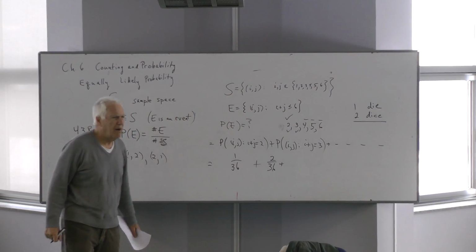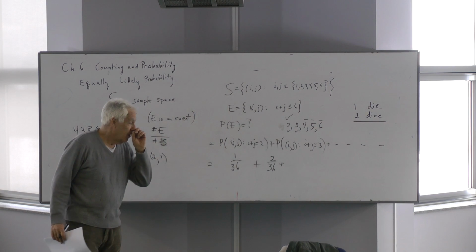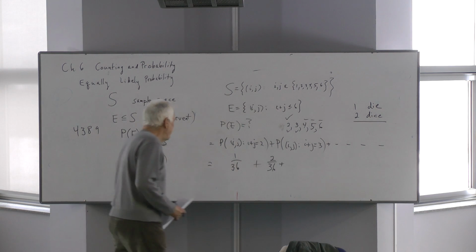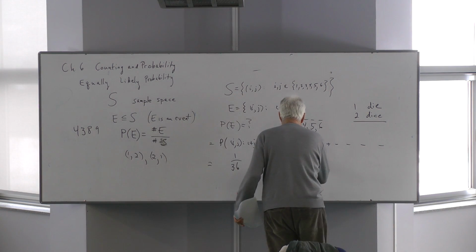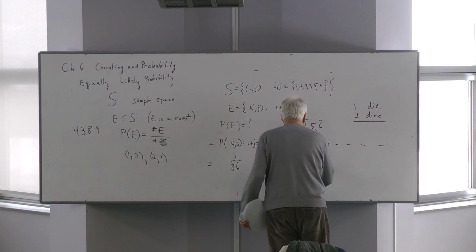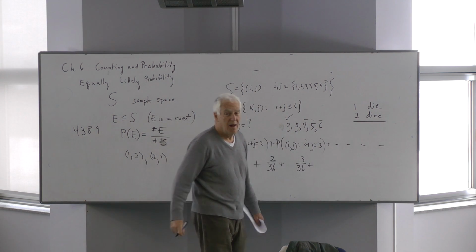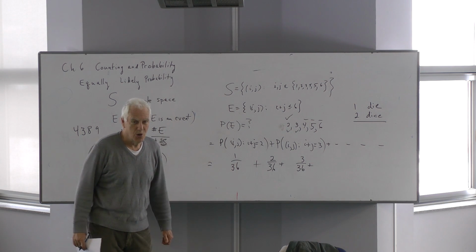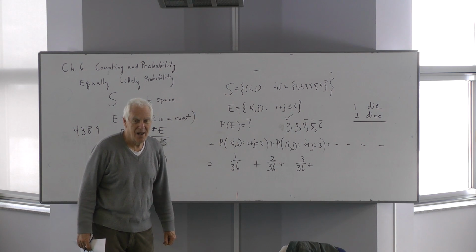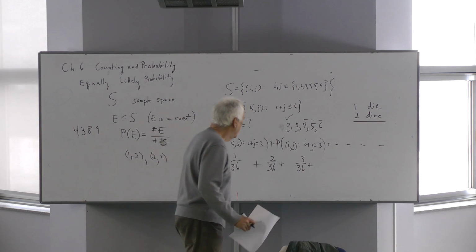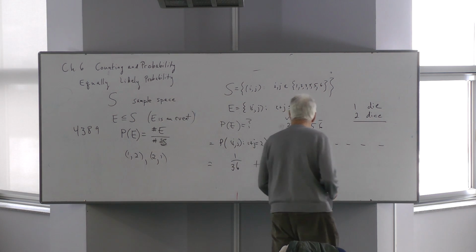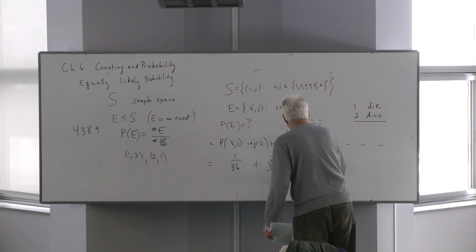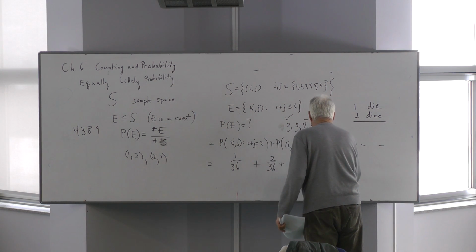Well, 1 and 3, 3 and 1, and 2 and 2. So 3 over 36. How can you get a sum of 4? 1, 3, 2, 2, 3, 1. So that's this one, and the next one is 4 over 36.